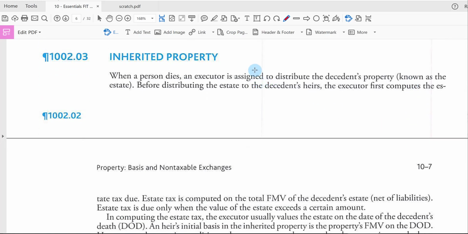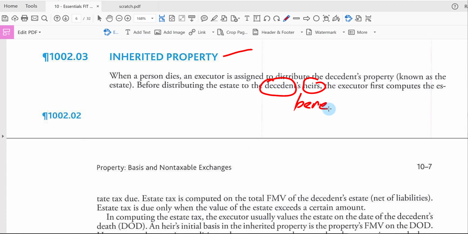So let's talk about now property not being bought, but here being inherited from a person called a decedent. The person receiving the property is called an heir, or sometimes called a beneficiary. And this is a typical planning technique. If the decedent has lots of property that was purchased at a low cost basis, but now, when they are near passing away, if they sell it, there's going to be a big gain because of the appreciation in value.